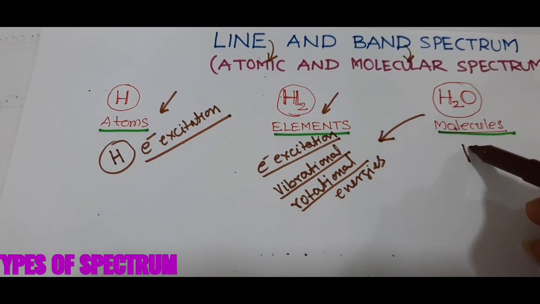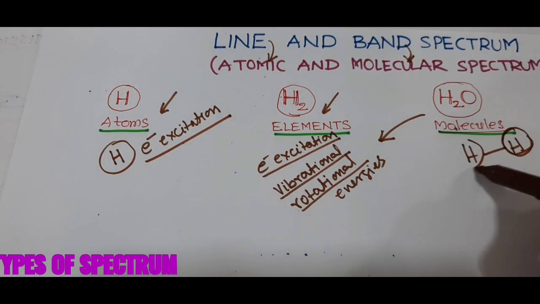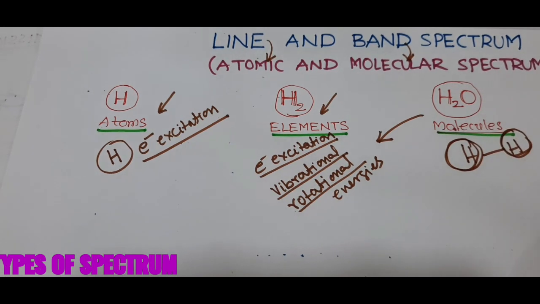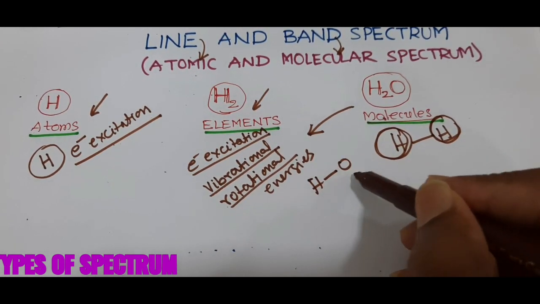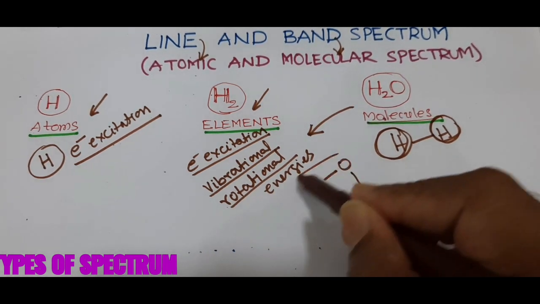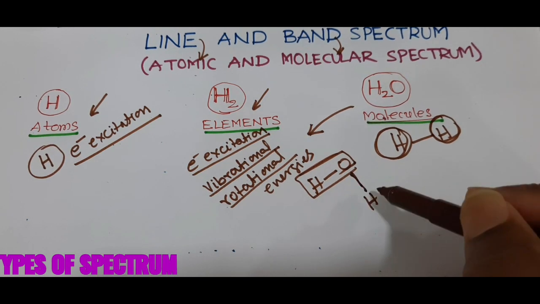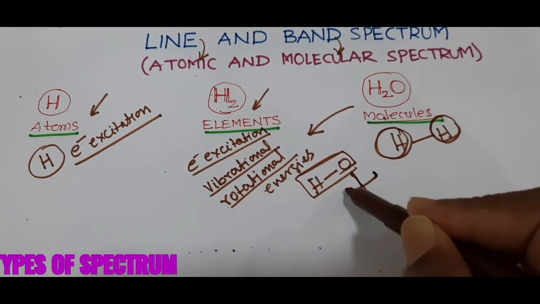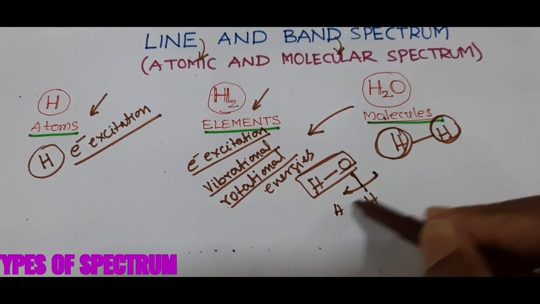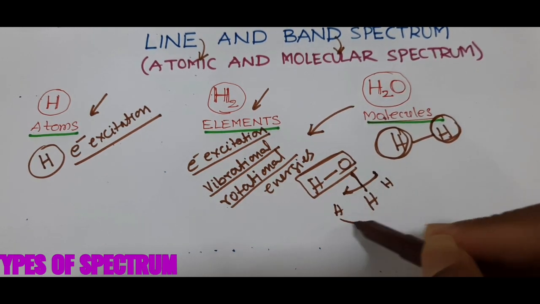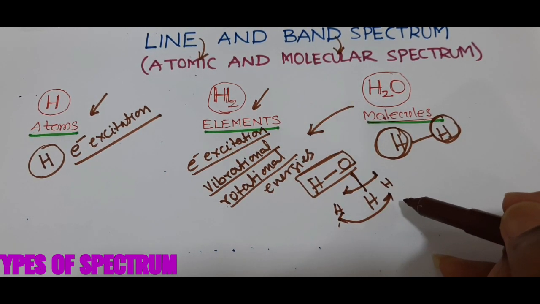Because if you take hydrogen and hydrogen, this hydrogen can rotate, this hydrogen can rotate, and for this also energy is required. If you take HO and OH, suppose you consider it as one part and this hydrogen is a hanging part, it may vibrate from here to here, so it also requires some energy.